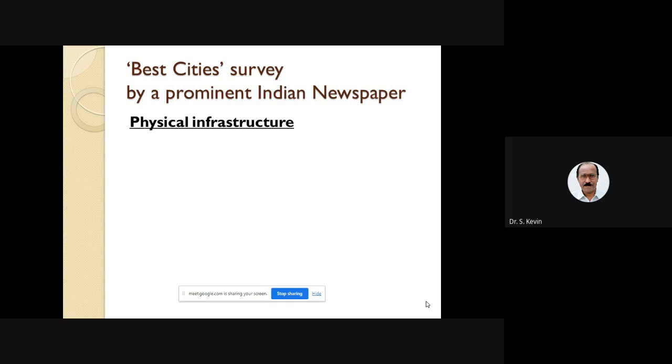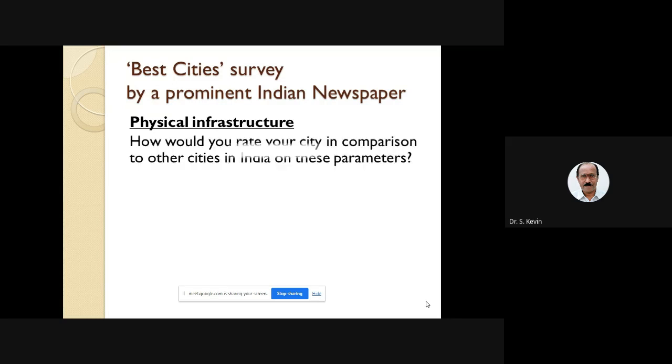There are many dimensions of the best cities. One aspect which they studied was the physical infrastructure of the city. To assess it, they asked this question: how would you rate your city in comparison to other cities in India on these parameters? So read the question carefully.